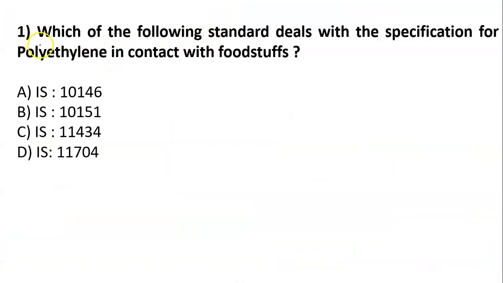So friends, let's start, and our first question for today is: which of the following standards deals with the specification for polyethylene in contact with the foodstuff? You have to identify the standard which is dealing with polyethylene in contact with the foodstuff.